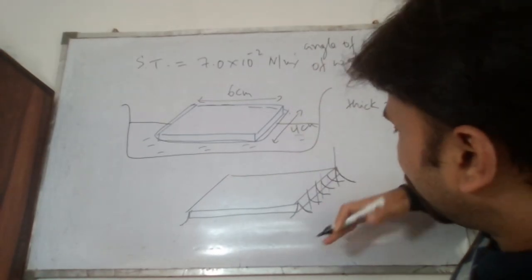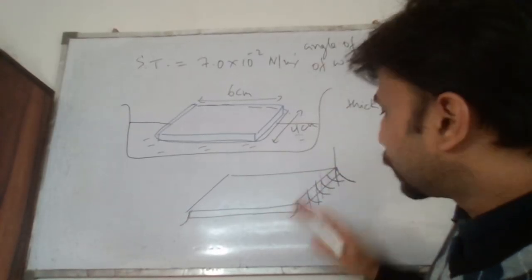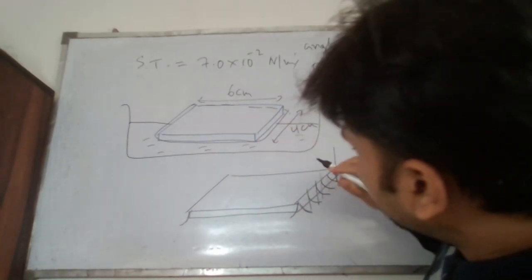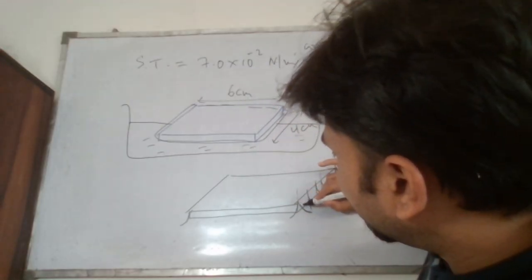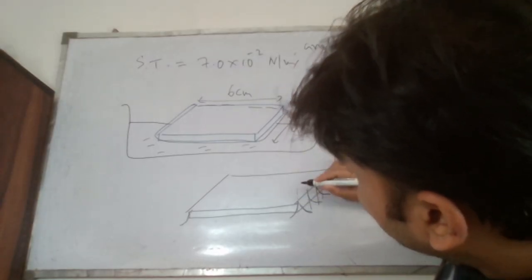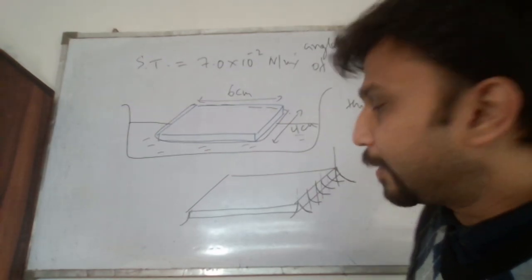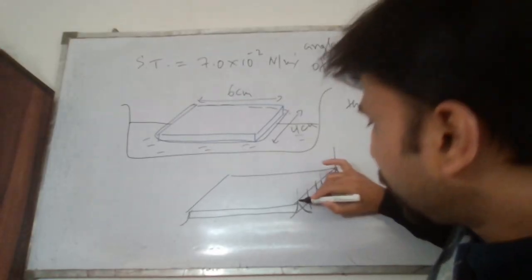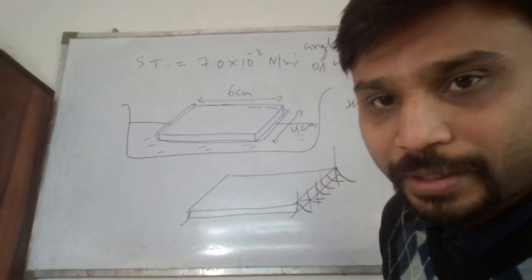It is touching the plate tangentially and is curved like this. If you draw a tangent at the point where the liquid layer is touching this rectangular plate, then that tangent would be along the surface of the plate, because the normal is somewhat like this. This is the normal and this is the surface tension force, how the surface tension is going to act.